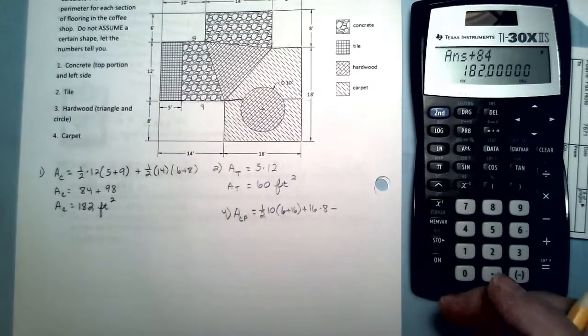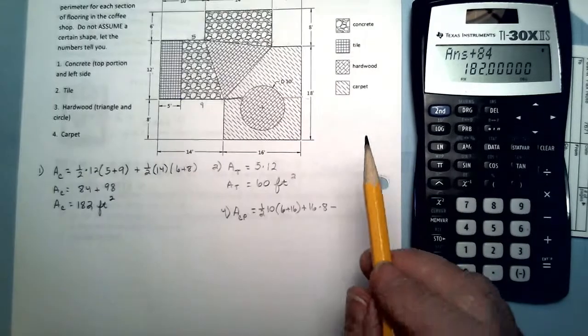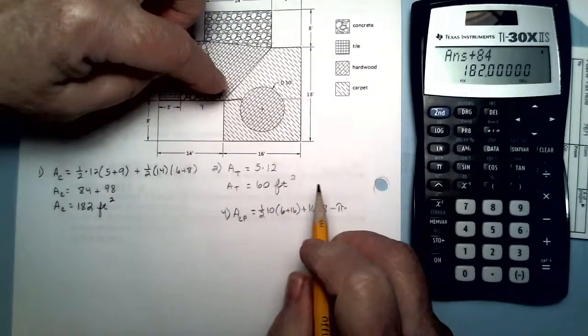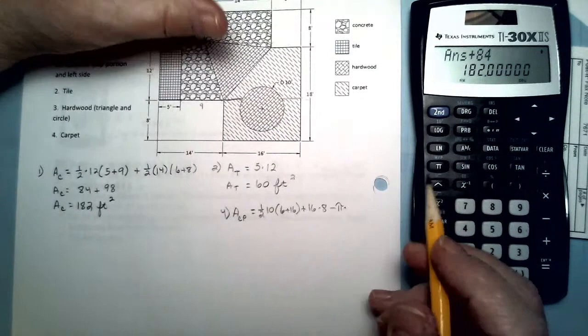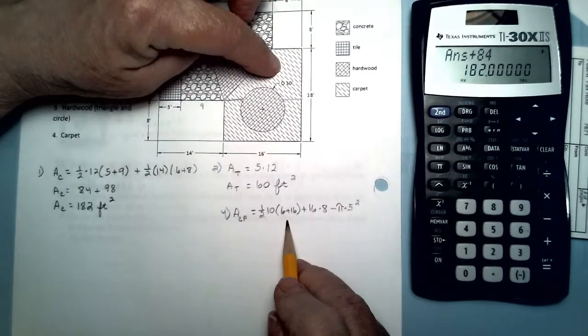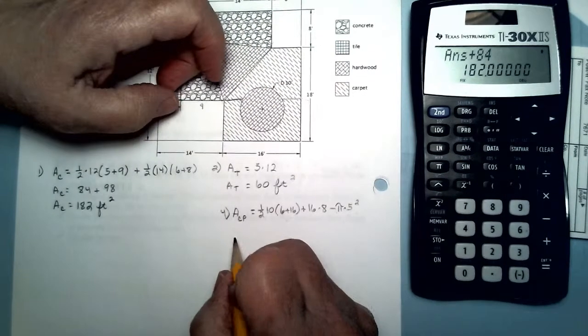That's pi r squared, and you'll find that right here in your table. What's the radius of this one? The diameter is 10, which means the radius is 5, so it's pi times 5 squared. So this is the trapezoid, this is the rectangle, and this is the circle that I'm going to back out.